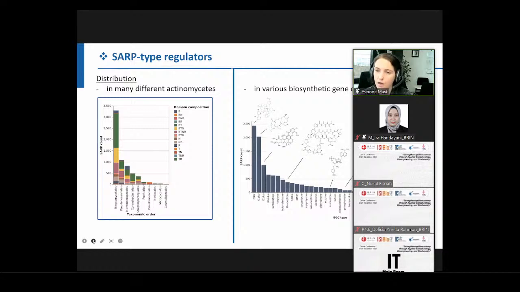When you have a closer look at where they occur within the genome, you can find them as part of biosynthetic gene clusters, and actually as part of gene clusters that encode different types of secondary metabolites like beta-lactam antibiotics, phosphonate antibiotics, polyketides, and so on. So we knew the SARP genes are abundant in very different actinomycetes and are part of gene clusters encoding different types of secondary metabolites, and therefore we said that those are good candidates to be used as general activators of antibiotic biosynthesis.